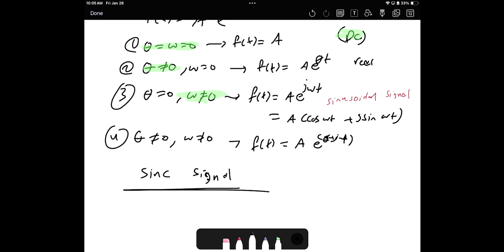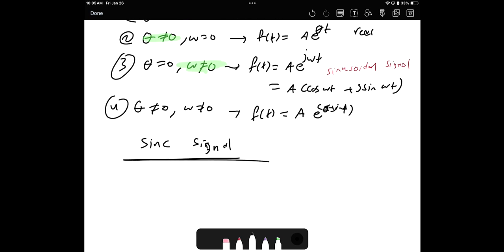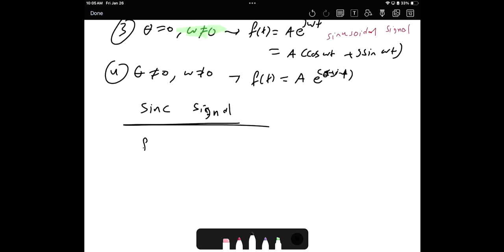It's like sine x over x. Yes, correct. So, for example, if I assume f of t equals sinc of t, basically it will be sine t over t. Or when I say sinc of x, sine x over x.